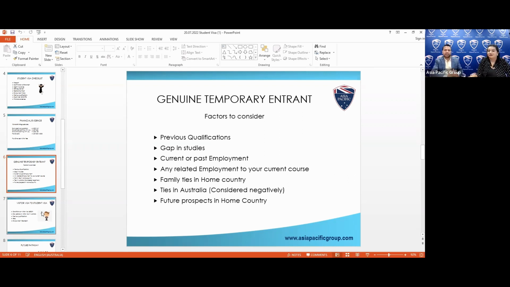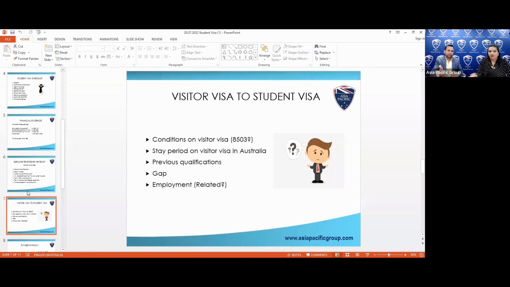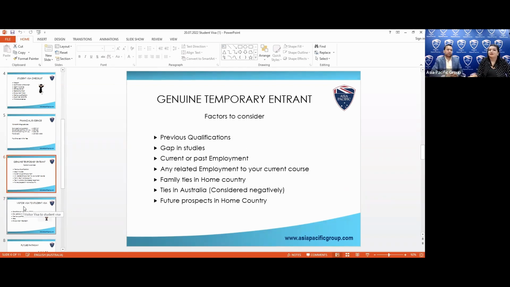Okay. And the next thing we need to provide in the GT is how this course will benefit you in your home country. Okay, the one before it. Yeah. For example, if someone wants to apply for a bachelor's in arts from overseas, or if they are here and they're doing some cheap course, then the officer will think, okay, you are investing 20 lakh rupees or whatever, in Australian dollars $30,000, in 2 years of study.